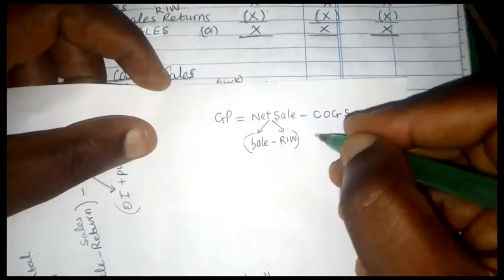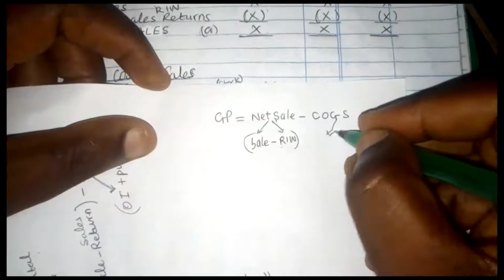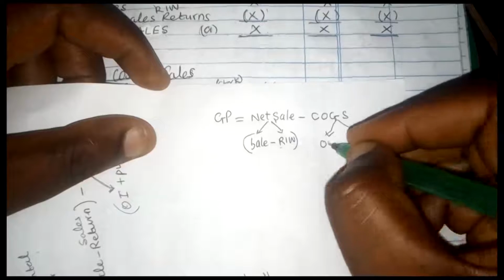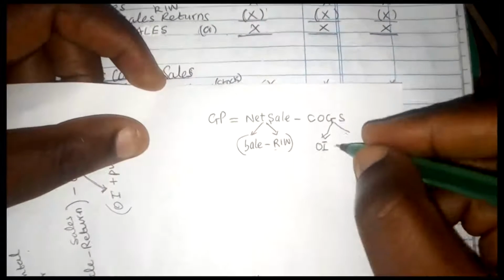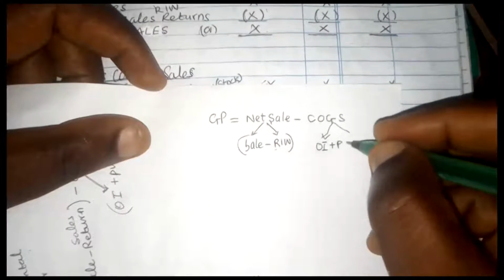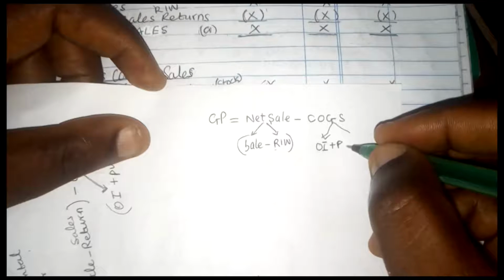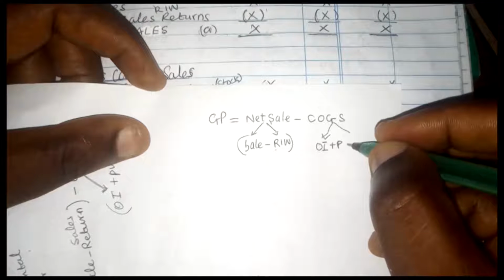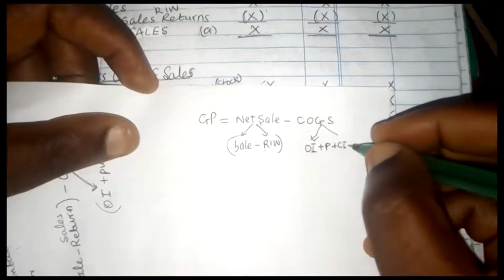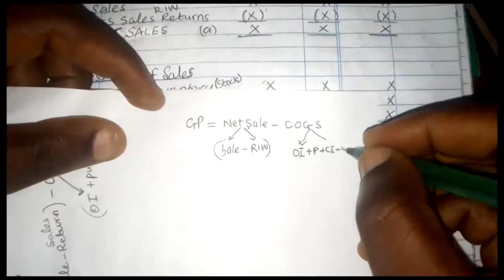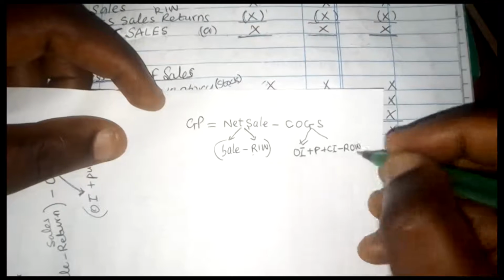We know this. Then our cost of goods sold, we know that it is the addition of opening inventory plus the purchases, plus carriage inward, minus return outward.